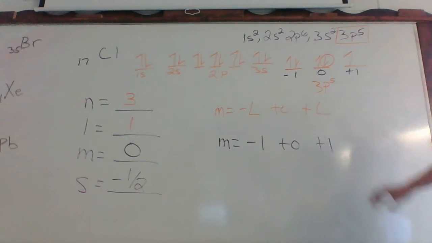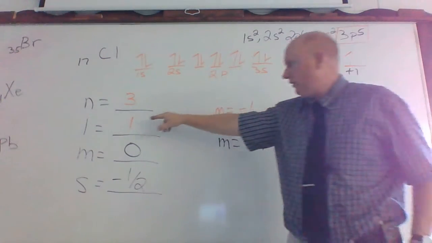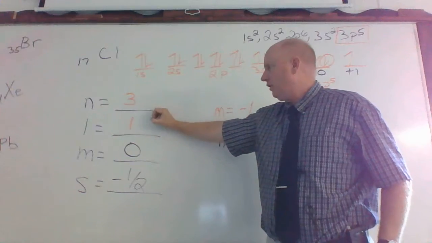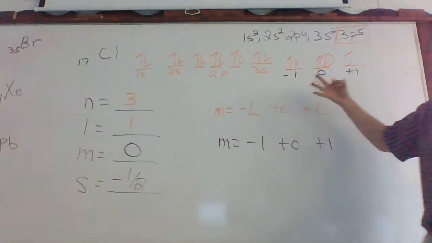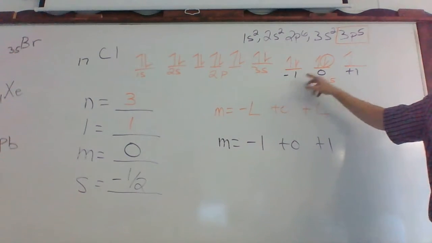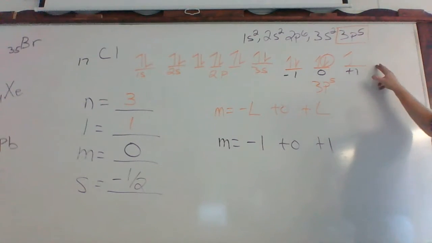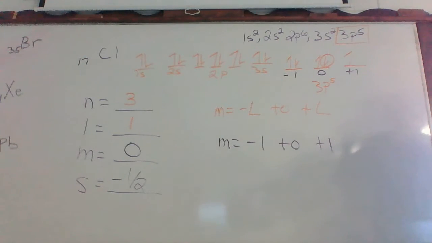So that's why we said you got to put 0 in there. Whatever value you associate with L, which can be 0, it can be 1, it can be 2, it can be 3. And if you're in the F block, you'd have negative 3, negative 2, negative 1, 0, positive 1, positive 2, positive 3. That is 7 lines. What's 7 times 2? How many columns are in the F block? 14. That's where we start putting these concepts together.